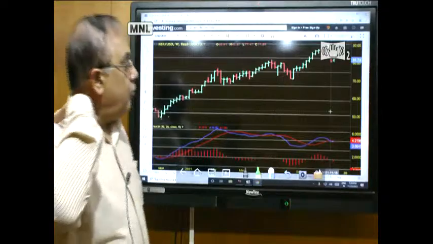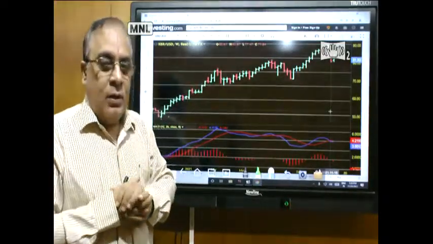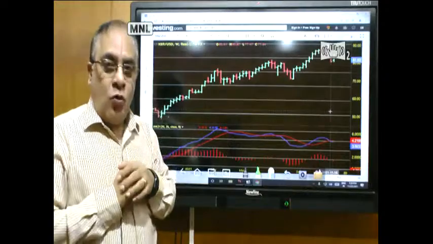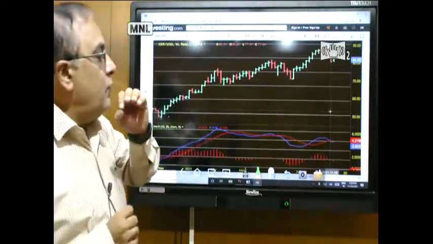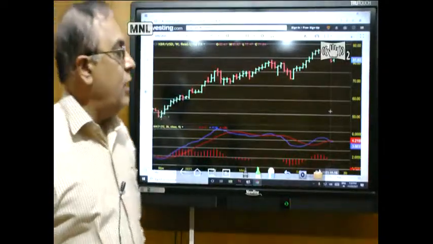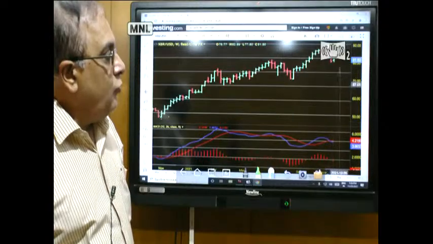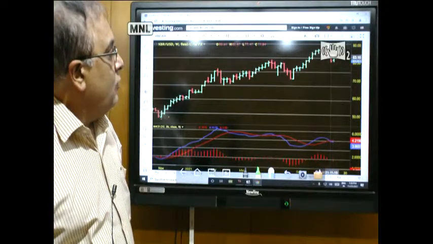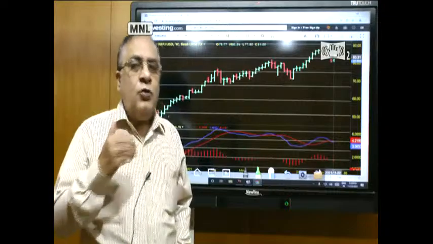So now this position has to hold. The 77.47 has to hold if the trend is to be maintained on the upside. So what should happen is, it is now coming closer to the previous week's top, which is 82.87. So a further break of 82.87.